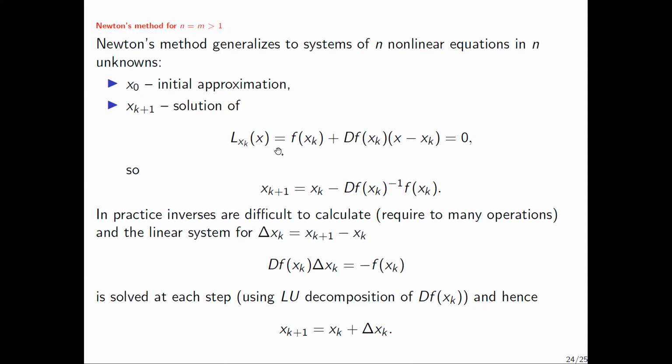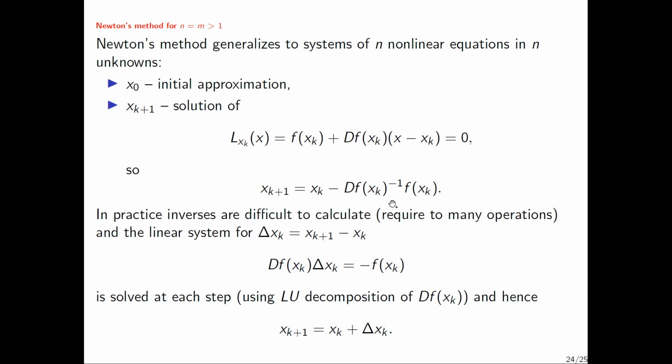The generalization was that in every point we calculate this linear approximation and calculate one of the zeros of this linear approximation. So we solve this equation. We see that the next iterate is just the previous iterate minus the inverse of the Jacobian in the previous iterate times the function value in the previous iterate.